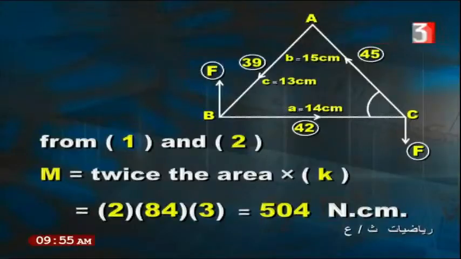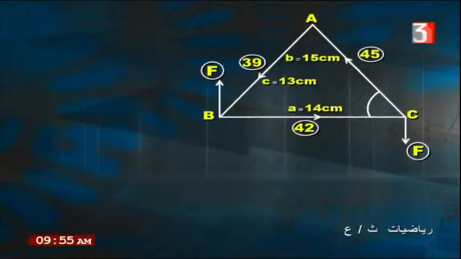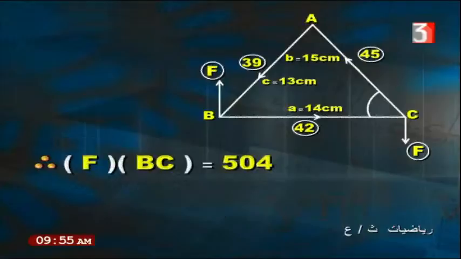The second requirement is to find the force F which acts at C and B perpendicular to BC. We know that in equilibrium, the sum of the two couples must equal 0. What is the second couple? F times BC. We have length BC equal to 14. Therefore, my dear student, F times BC equals 504. Why? We have two couples, and the summation equals 0.